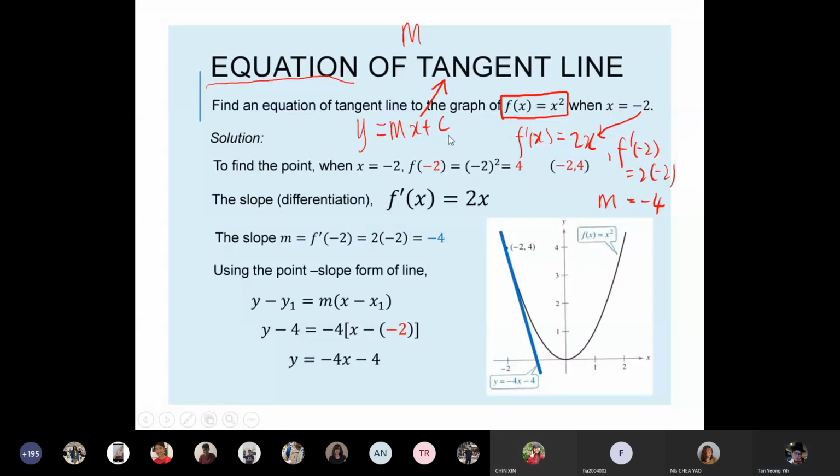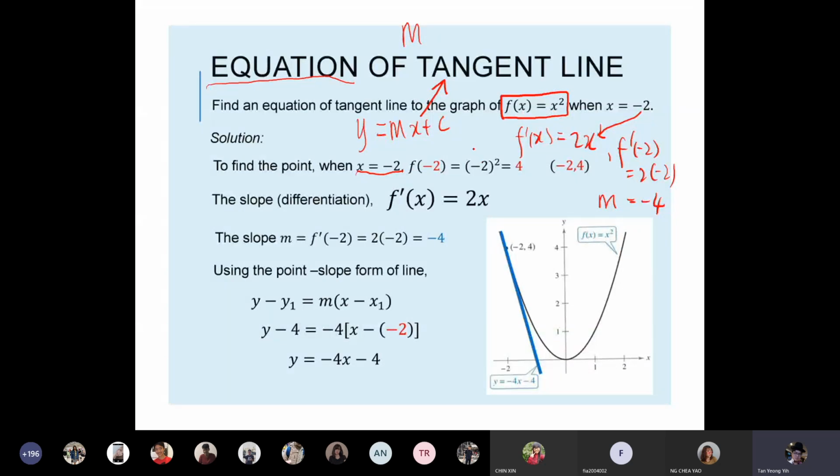So to find the c, besides m, we have m already, -4. We need another point, x and y. So how to find a point? According to the question, we already have the x. The x is -2. So how to find the y? We substitute into the function. So when x is -2, to find the y, substitute -2 into the function.